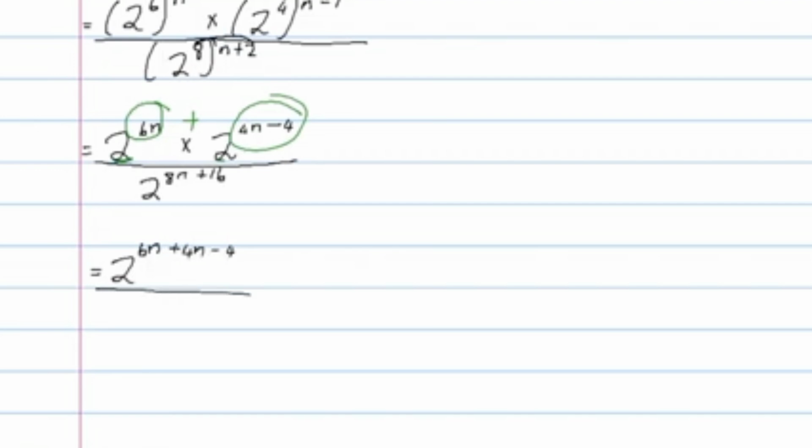And then on the denominator, you just rewrite everything. And then now you are having numbers with the same base, and then they are dividing itself. So what does the law of exponents tell you? Take one base and then you subtract the exponents. And then when you subtract the exponents, it's 4 minus 8.